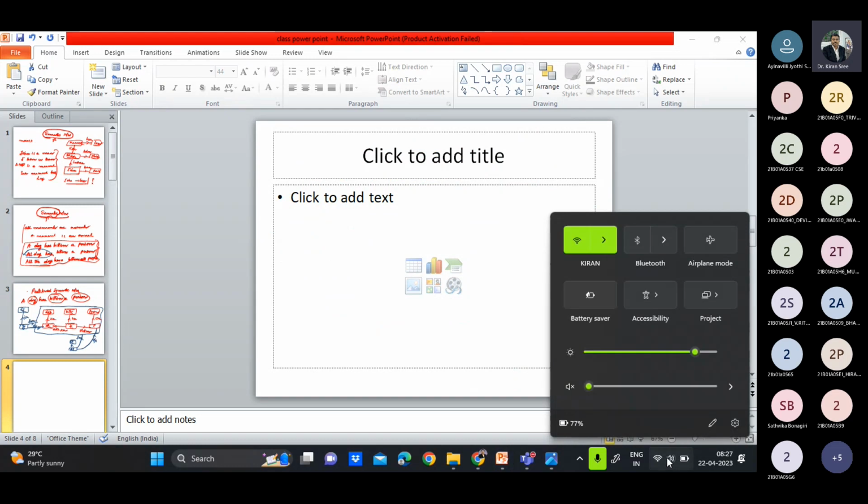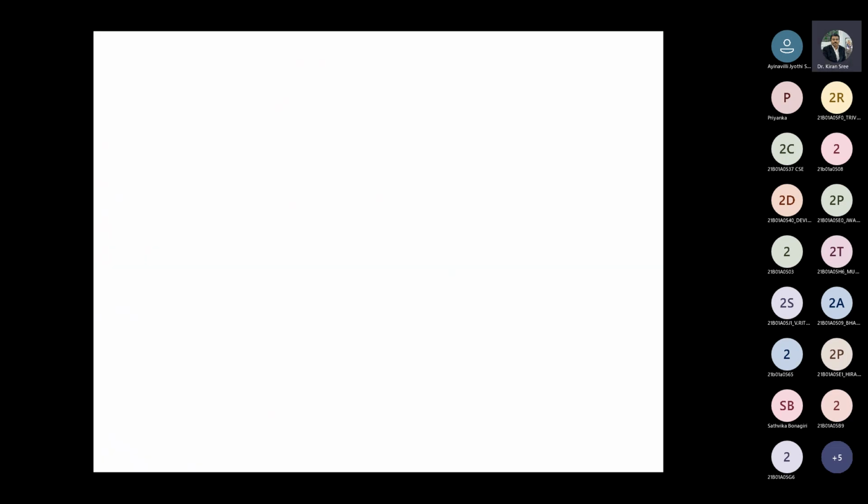So then after this, you have a very important concept called conceptual dependency. Conceptual dependency is very important for people who are aspiring to do some research in NLP.